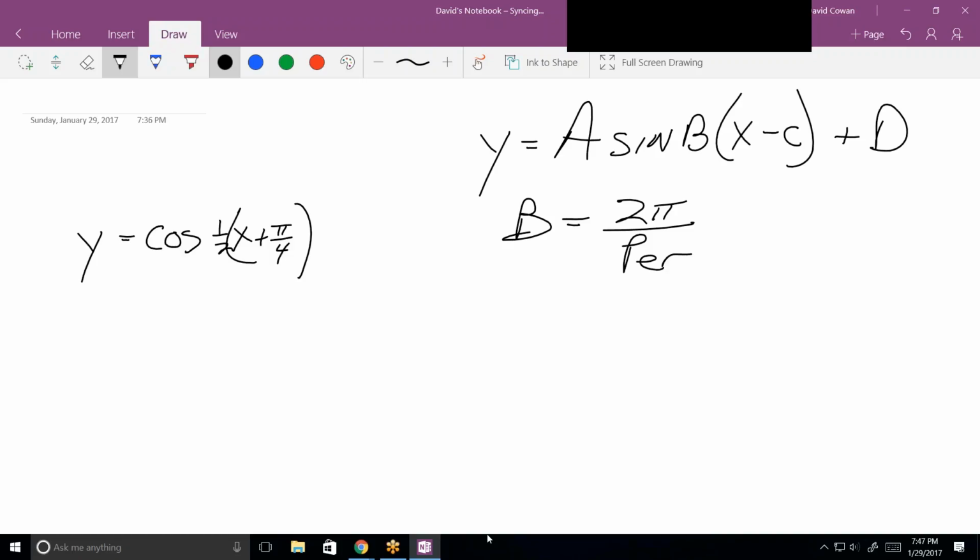The period of the normal function is 2 pi, so b would normally be 1. This also means the period is equal to 2 pi over b. So for the function that I've given you over here on the left, what is its period?